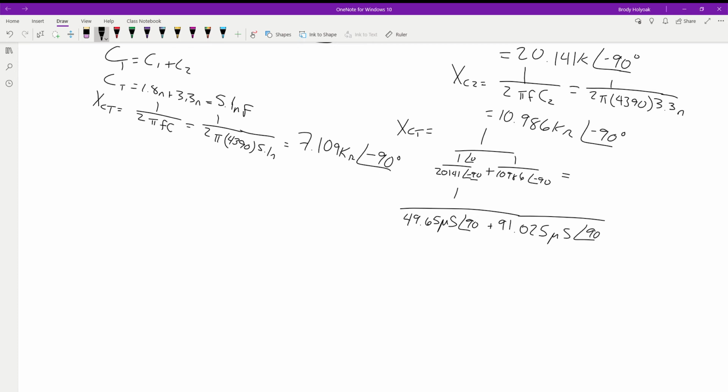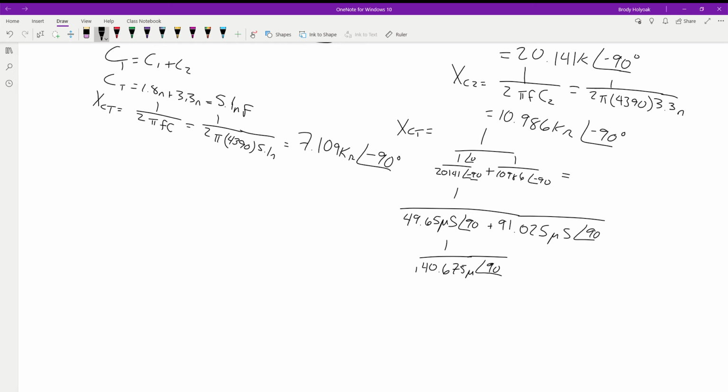We get 91.025 and 49.650. So we end up with 1 over 140.675 micro at 90. And because they're at the same angle, we can just directly add them. We don't have to convert back into rectangular.